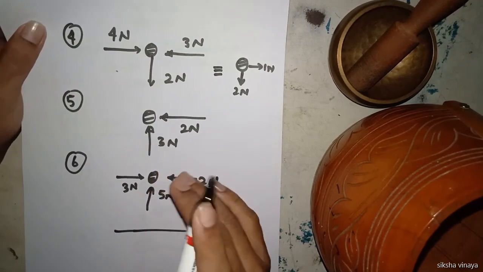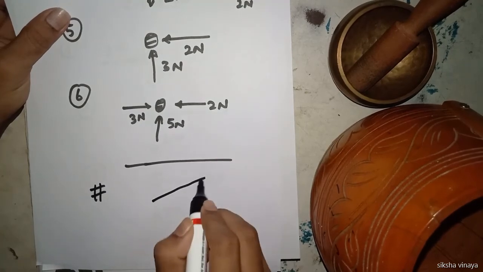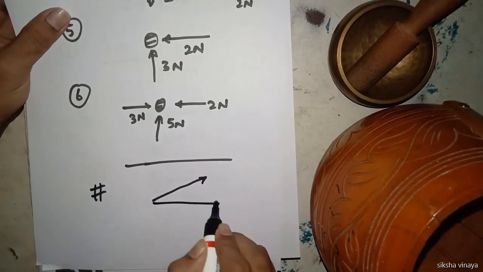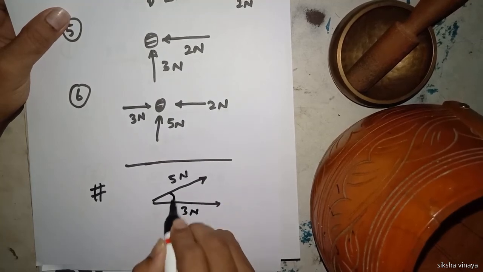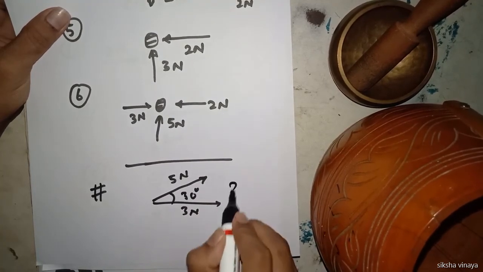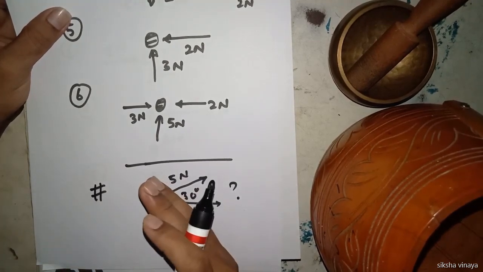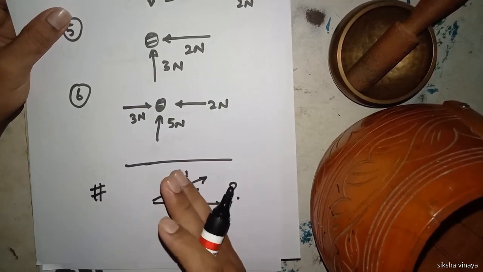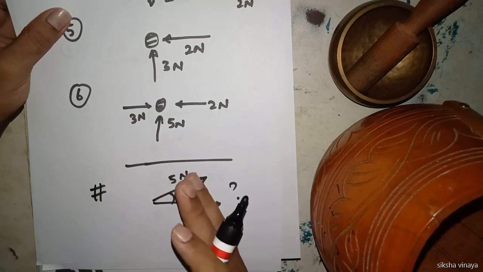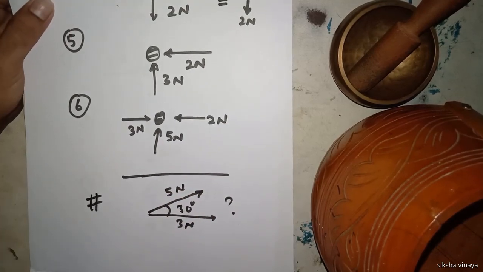But what would happen when the angle is not 90 degrees? What would happen? This kind of problem we will discuss in the next lecture in more detail. Thank you.